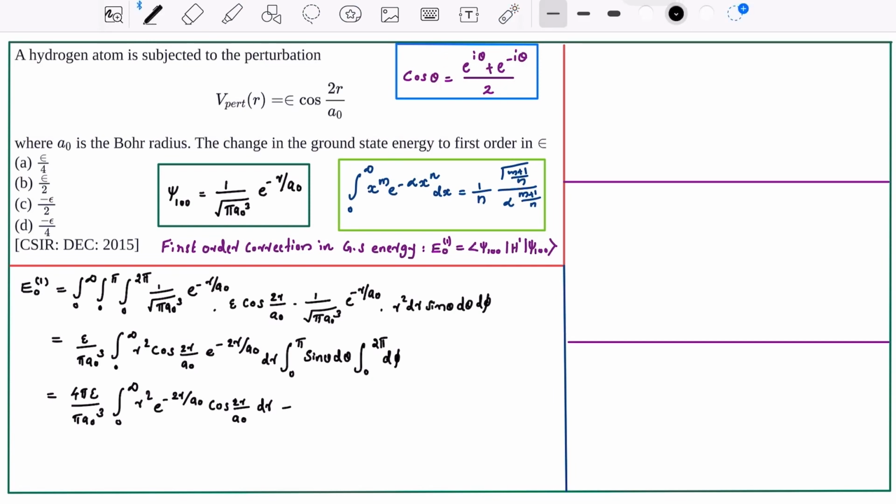Now to evaluate the integral, use the relation cos theta is equal to (e raised to i theta plus e raised to minus i theta) by 2.